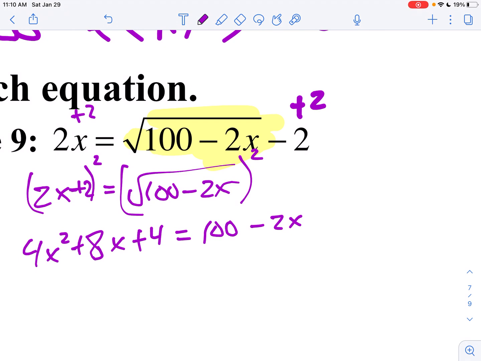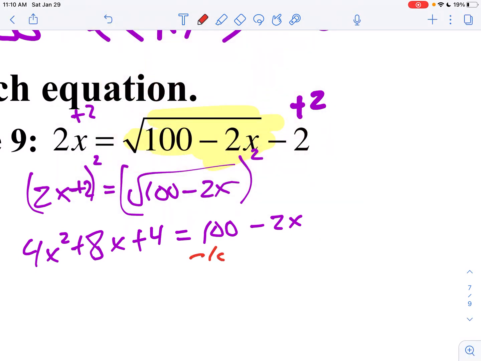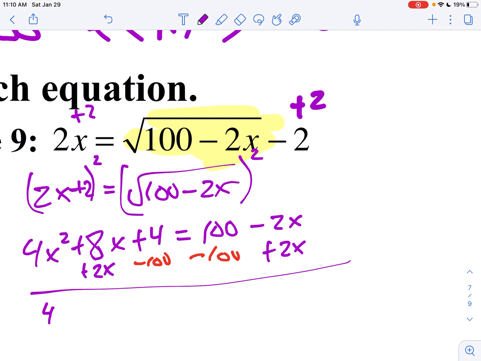So I'm going to move both my terms to the opposite side. So I'm going to subtract 100 from both sides, and I'm going to add 2x to both sides. So then we're going to get 4x squared plus 10x minus 96 equals 0.